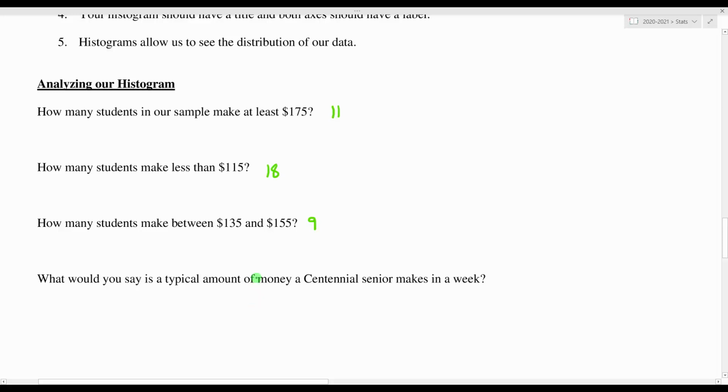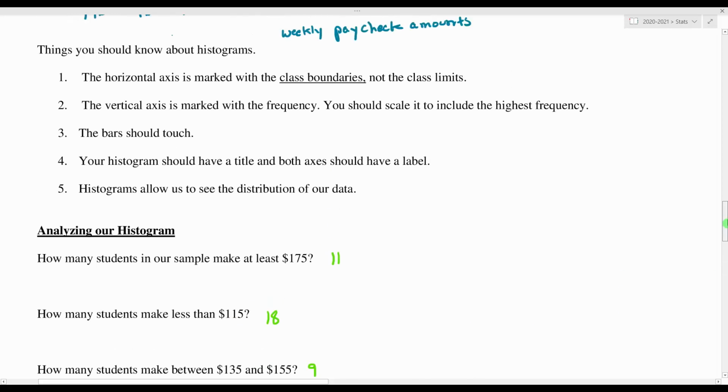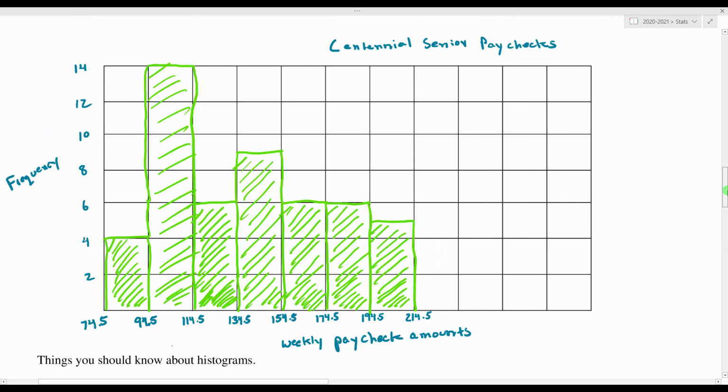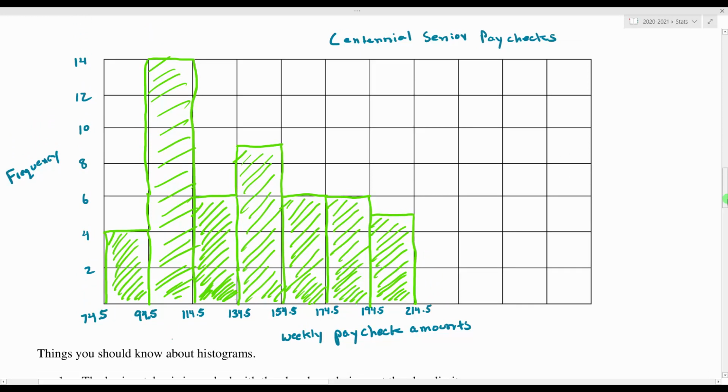All right, we're going to talk about how to do that throughout the semester, but for right now, just by looking at the histogram, it can be a little bit difficult to tell. All right, typically when we look at a histogram, the typical amount is where all the data tends to peak, right? Where we have the most data in our histogram. And it's kind of hard. We do have a peak right around here, so you might be willing to say, well, they make somewhere in between 95 and 115 a week.